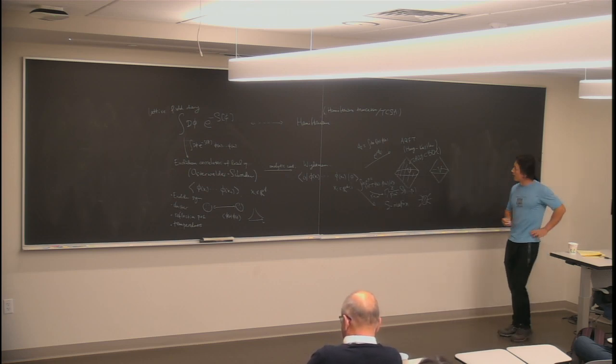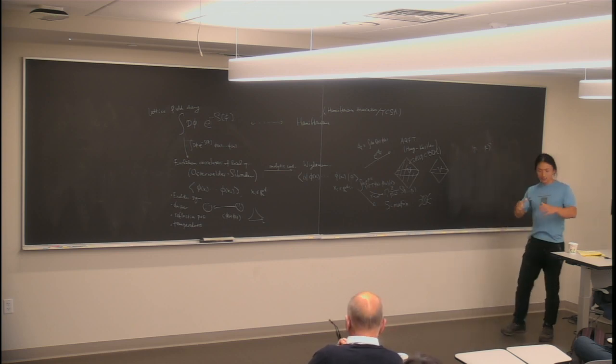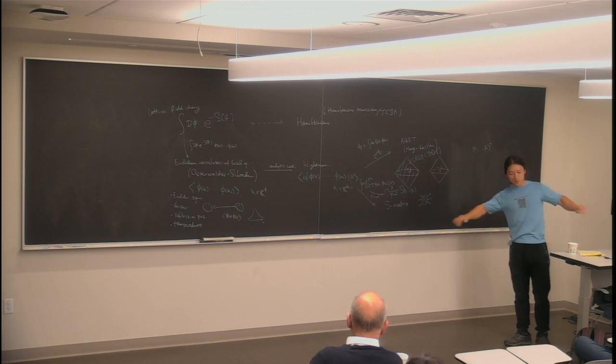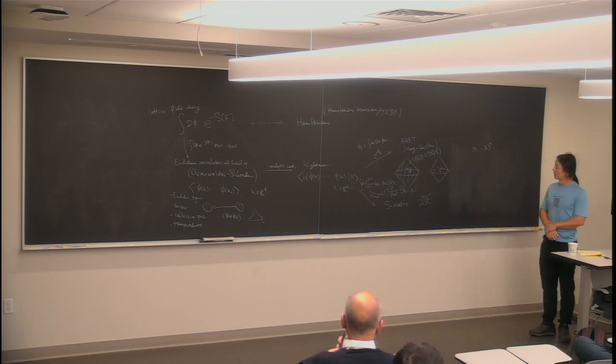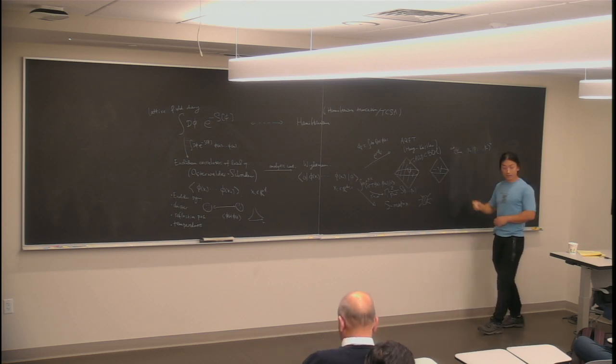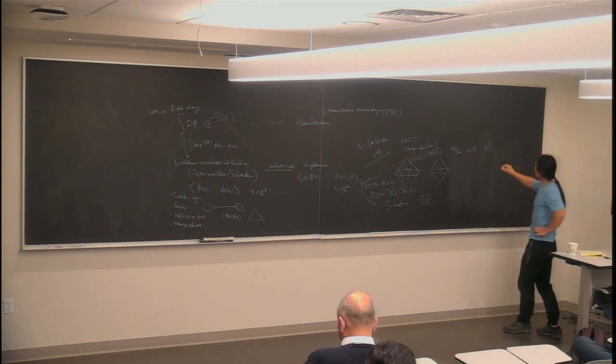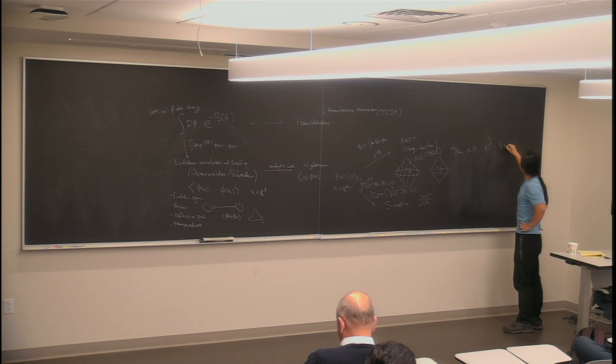If that's true, then you can define these in states, which look like far separated particles in the far past, and these out states, which look like far separated particles in the far future, and their overlap is the S matrix.